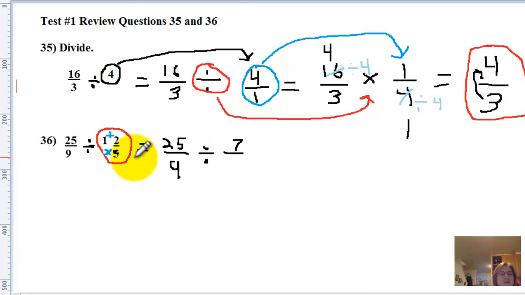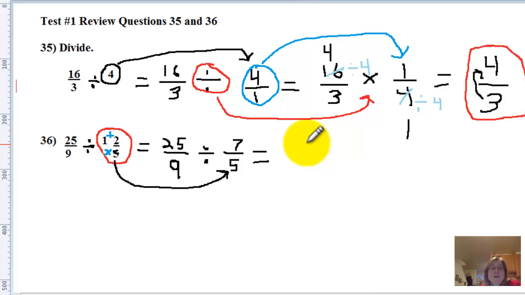We keep it over the same denominator, over 5. You can see this more closely in a video for problems 24 and 25. So now we have division of 25/9 divided by 7/5.